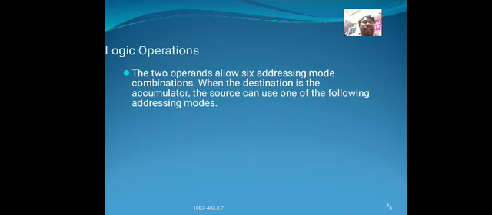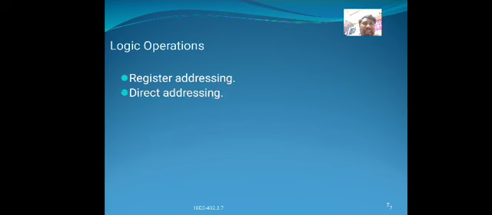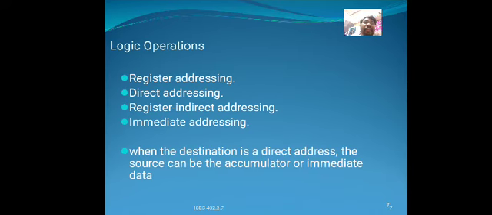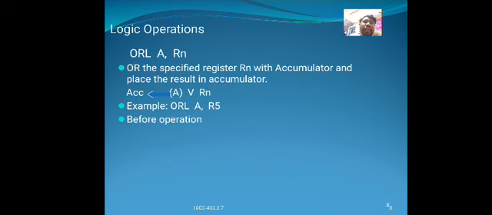When the destination is the accumulator, the source can use one of the following addressing modes: register, direct, indirect addressing, immediate addressing, etc. When the destination is a direct address, the source can be the accumulator or immediate data. ORL A comma Rn is the OR operation.